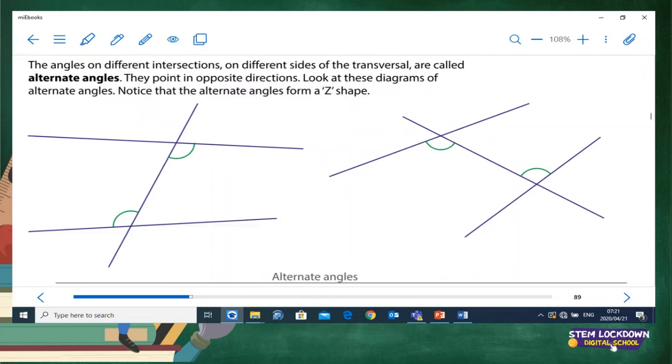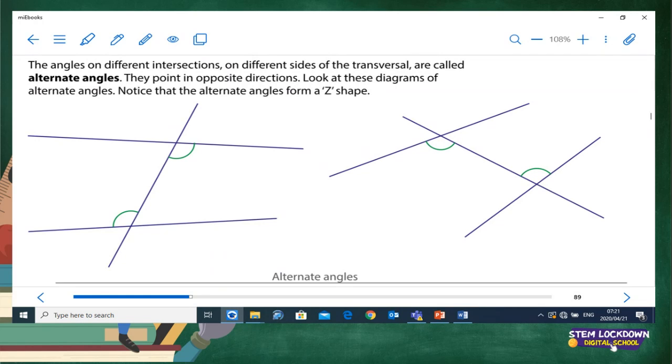And perhaps in the next lesson, we should be able to look at the alternate angles, which are formed when a transversal, remember a transversal is a line that intersects or cuts two other lines.